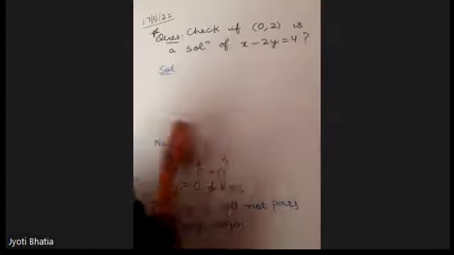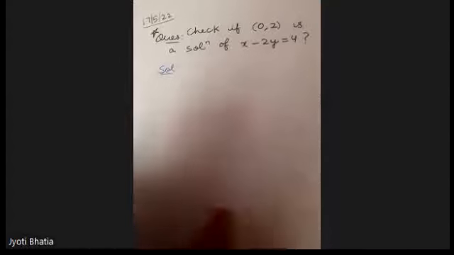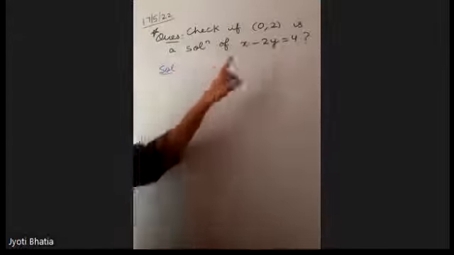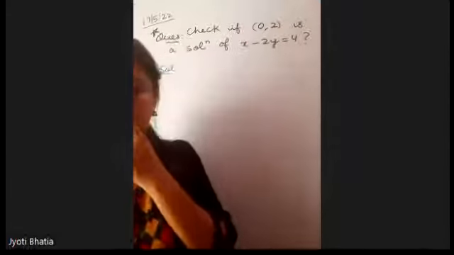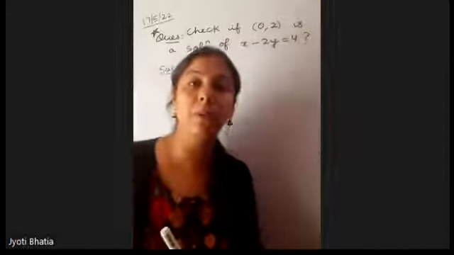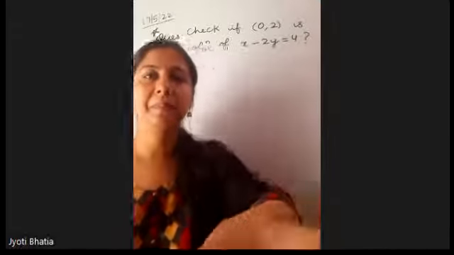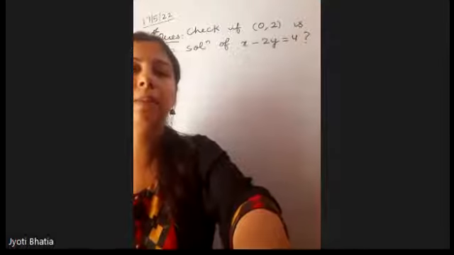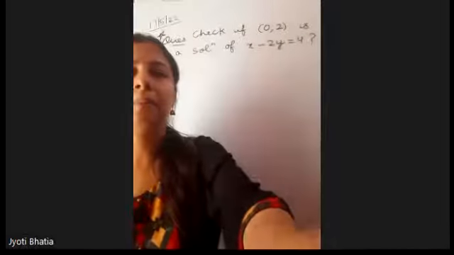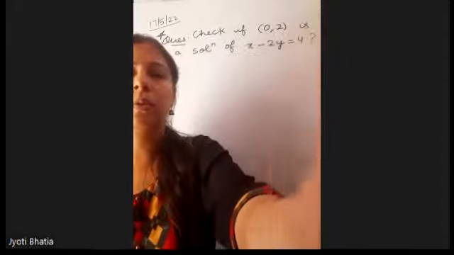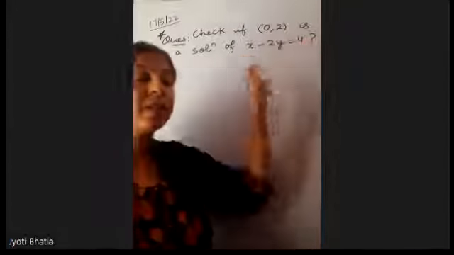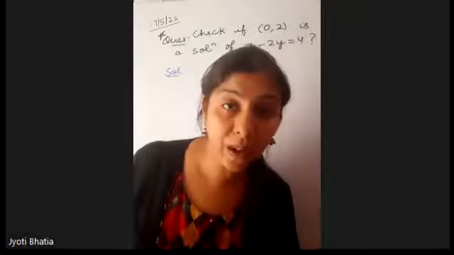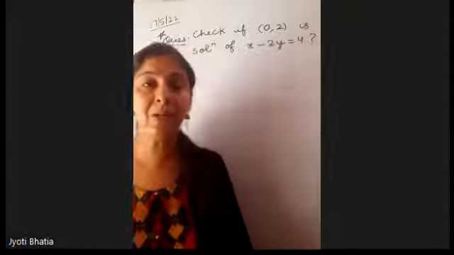Check if (0, 2) is a solution of this equation. When will we be able to say that (0, 2) is a solution? When the graph passes through this point, it must satisfy the equation.